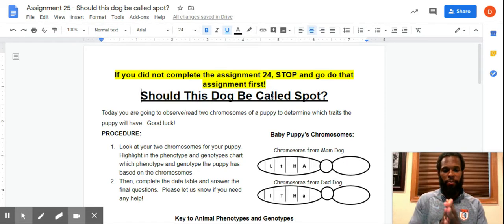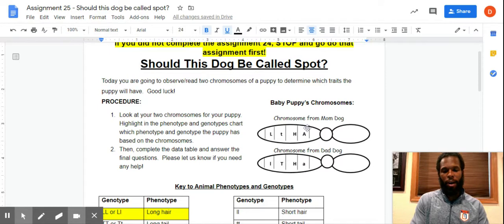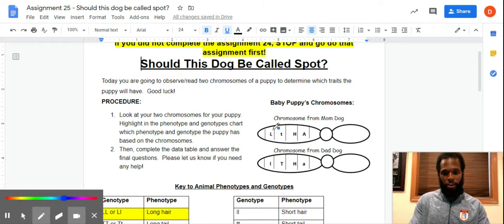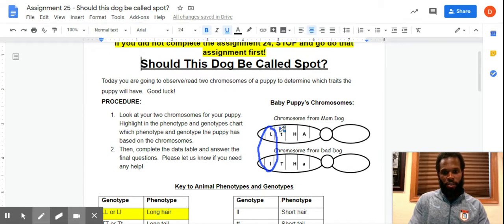They come together to make a baby, and here's kind of half the DNA from the mom dog. It's on a chromosome, and half the DNA from a dad dog. And remember, these two come together to actually make a pair. So we have this pair right here, this pair right here. This codes for a trait. This pair right here makes a trait, and this pair right here makes a trait.